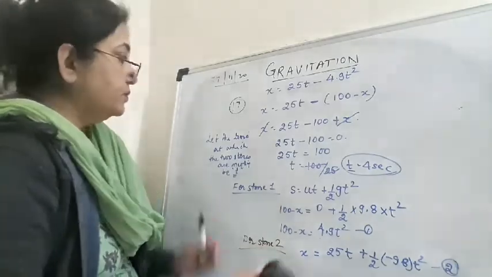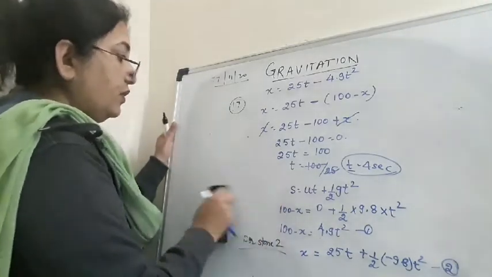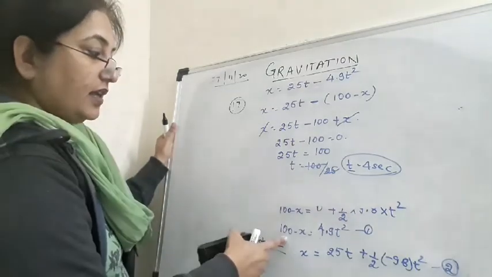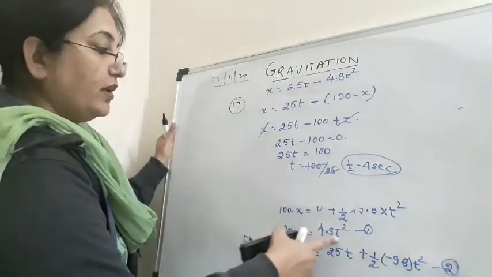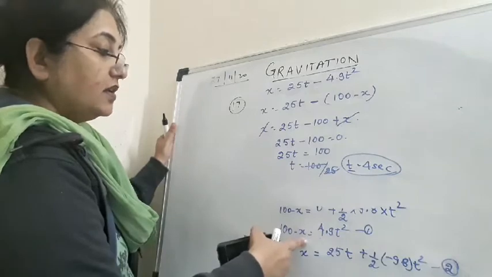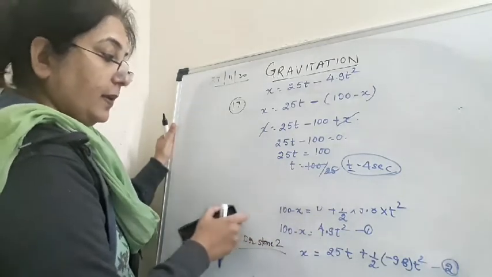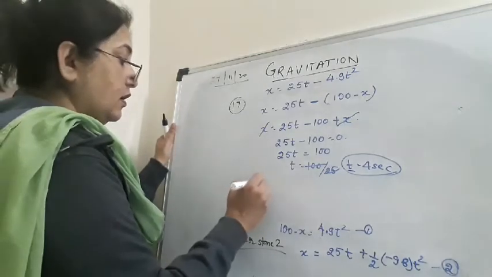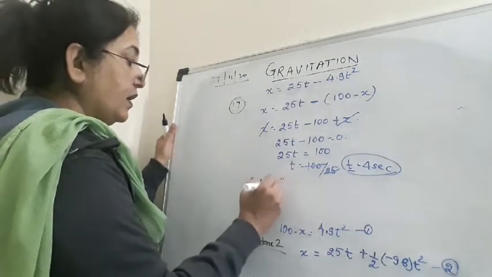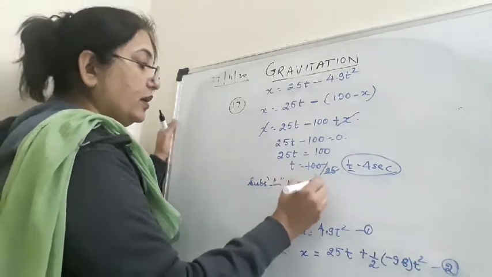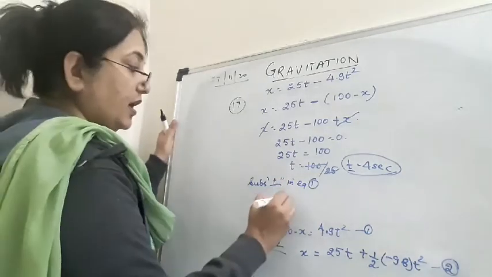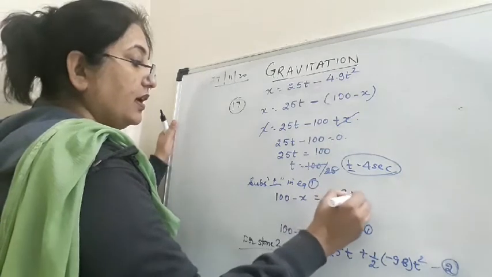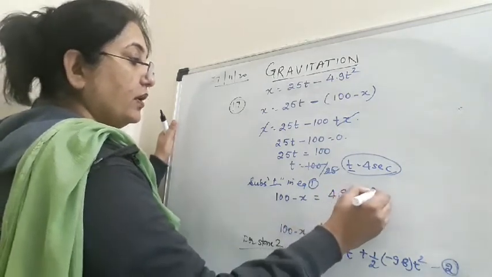Okay, so we will now take 100 minus x is equal to 4.9 t square. We can take this equation and find the answer for x. So therefore we'll write substituting t in equation 1, and therefore I'll get 100 minus x is equal to 4.9 into 4 square.